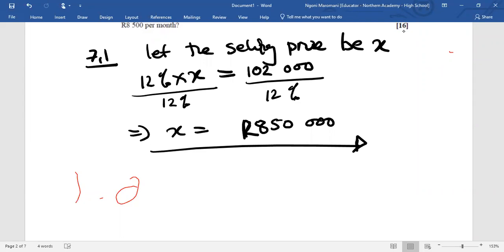Or you can simply say 102,000 divided by 12%, which is 0.12. If you can do it straight away, there's no problem.